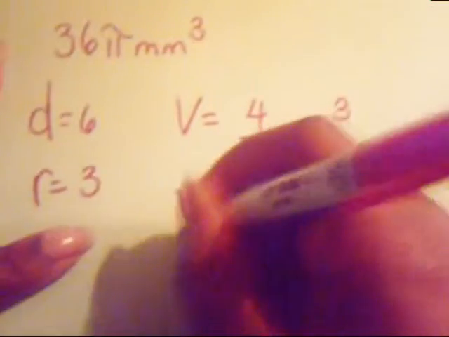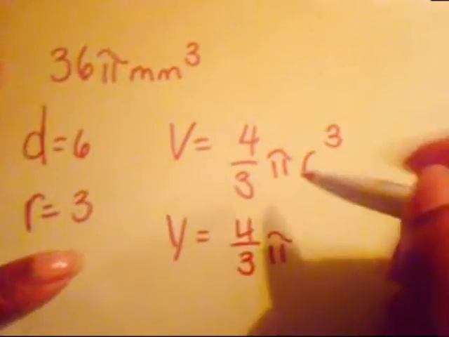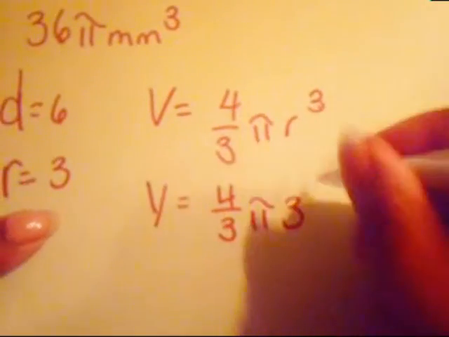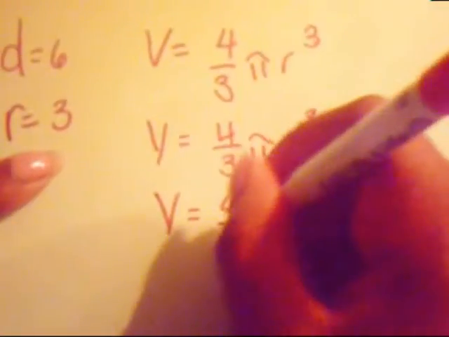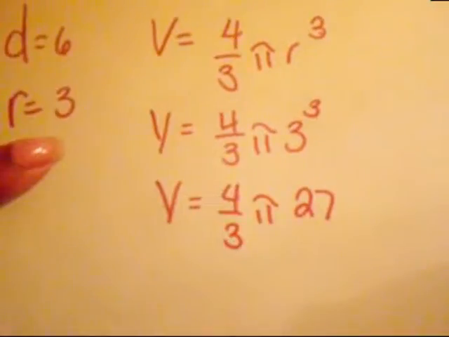So let's evaluate in what we know. We don't know V. We know 4/3, we know pi, and now we know the radius, which is 3, and we're going to raise it to the 3rd power. So V equals 4/3 times pi times 27.